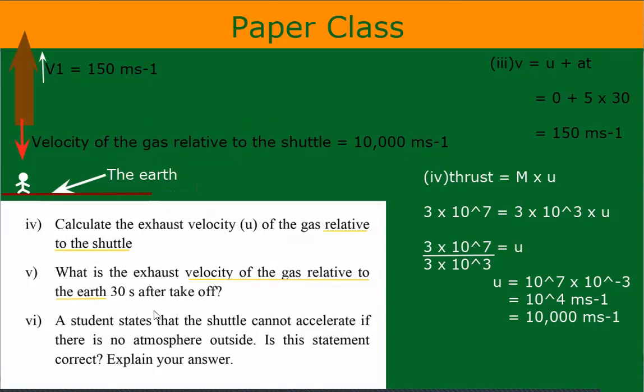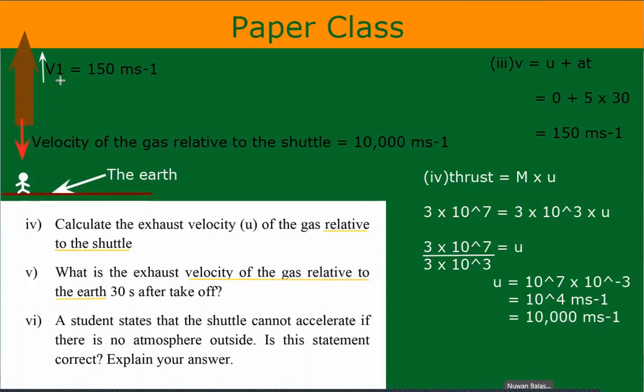I explained a lot, right? So let me ask the same question once again. Listen to me carefully. Velocity of any object relative to the earth means the velocity of that object as observed by a stationary man on the earth.